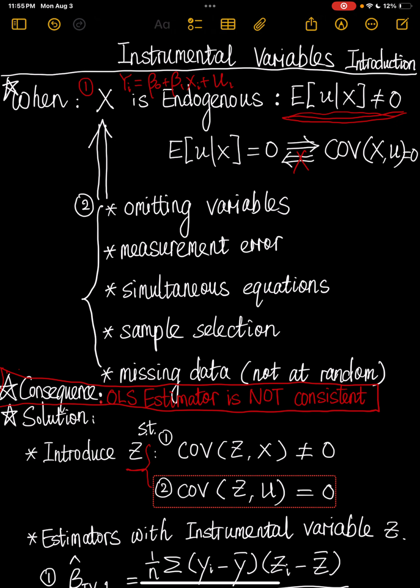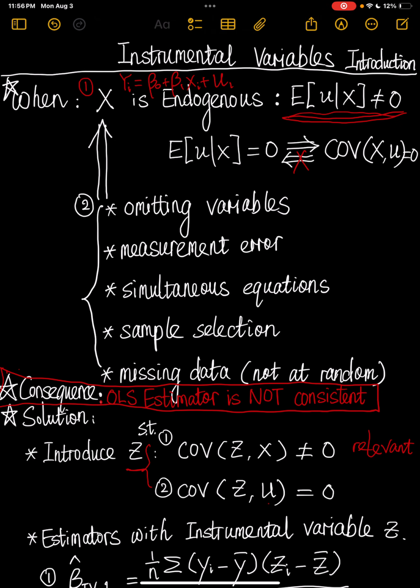One is that the covariance of this new variable z and the old variable x should not be zero, which means that these two variables should be correlated with each other. So z should be relevant with x, right?